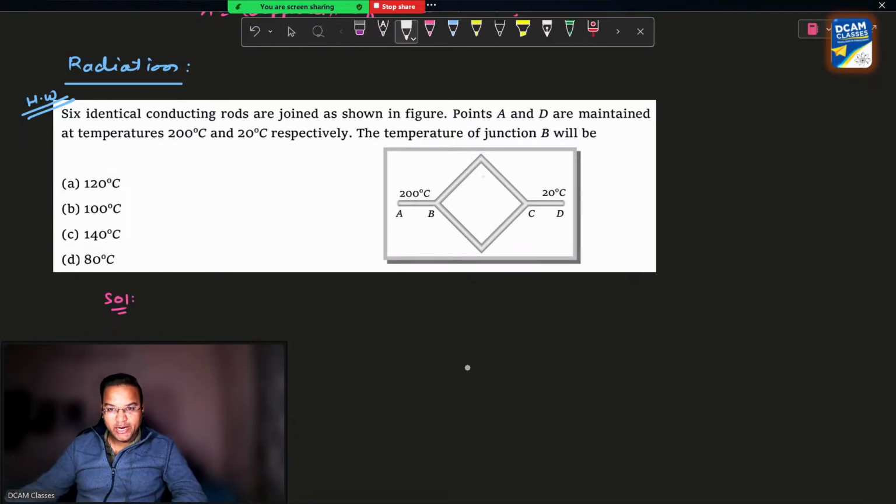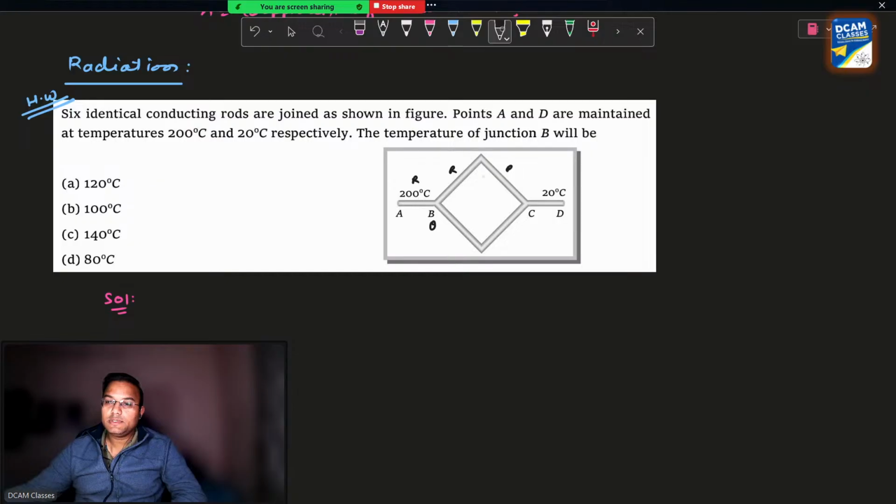Let me solve it. Junction B. Let's say it is theta.